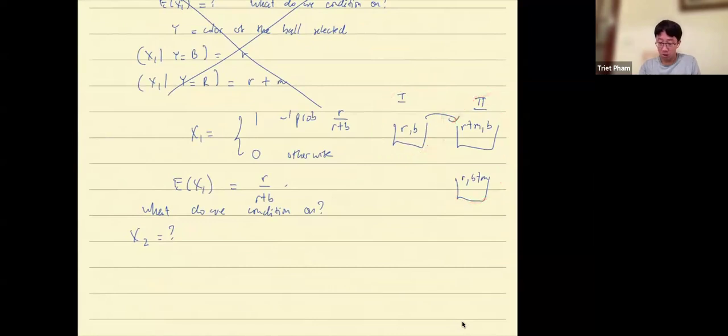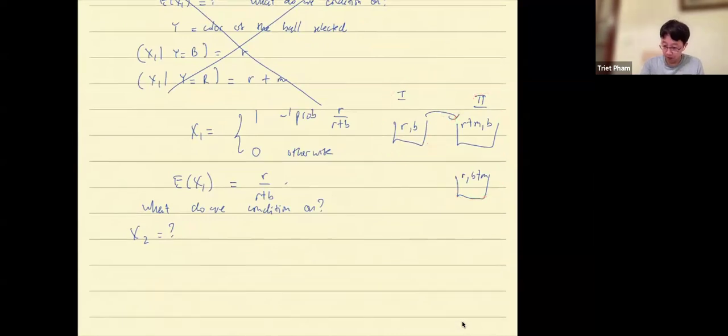So X2 should be conditioned on X1, in particular whether you picked red the first time or not.